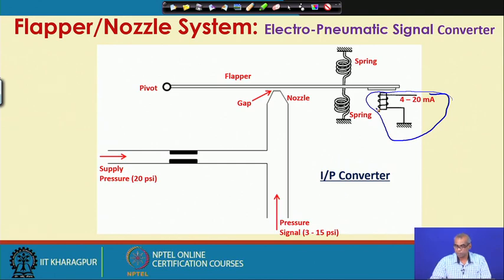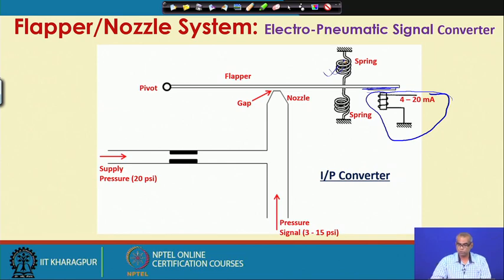The flapper may be magnetic in nature or a magnetic material strip may be attached to this part of the flapper, so that when 4 to 20 milliampere current passes through this soft iron core, it becomes a magnet and attracts the flapper towards the magnet. The flapper can also be spring restricted for better performance.